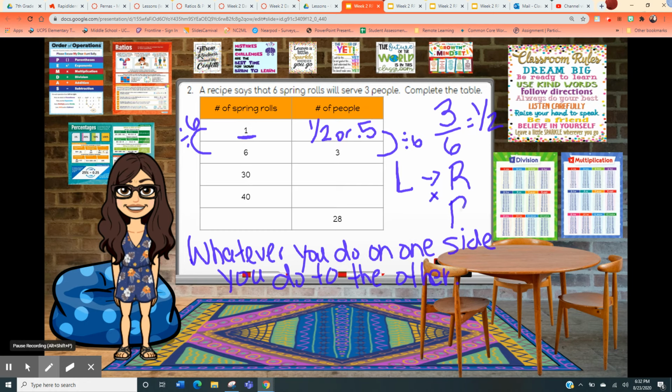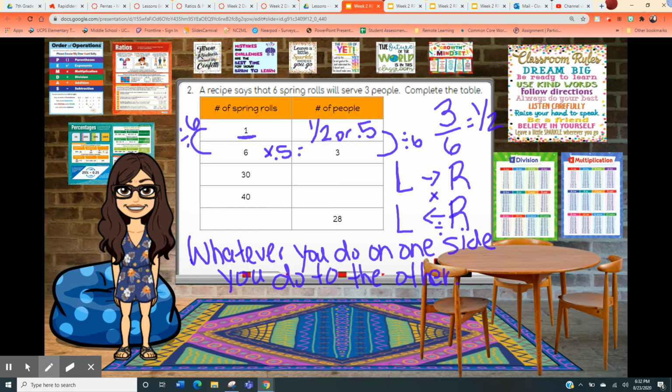And from the right to the left, we're going to divide. So if I take 6 times 0.5, it gives me 3. Okay, so that works.